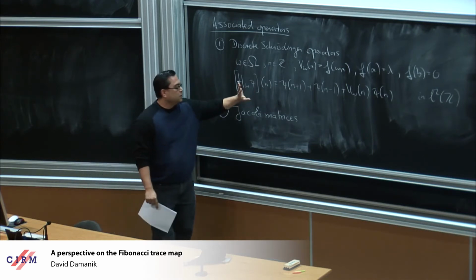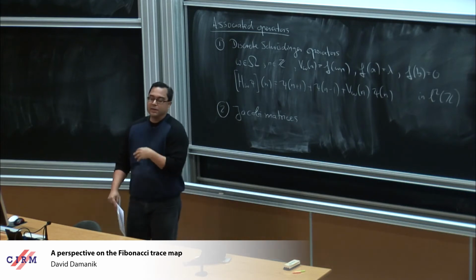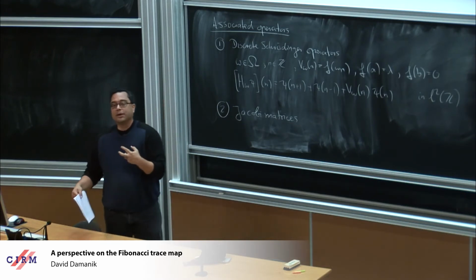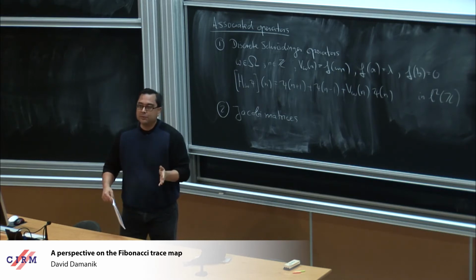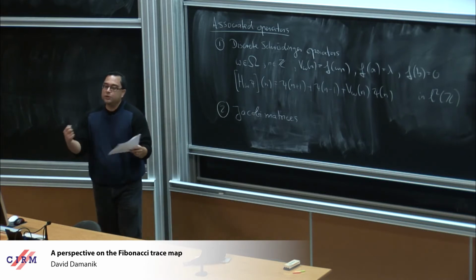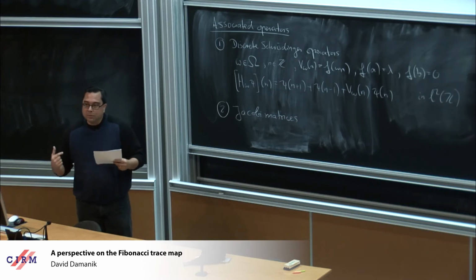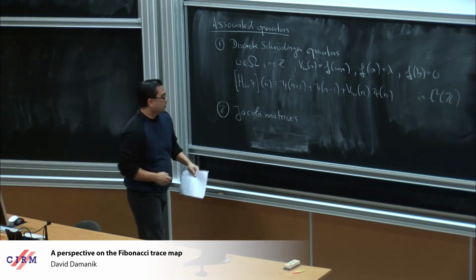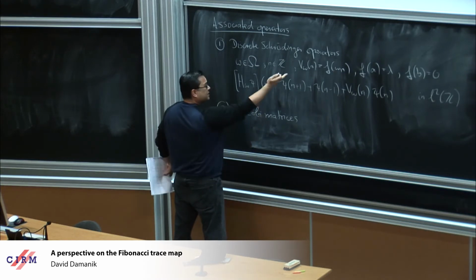So if you start with operators of this form and study their spectral properties, and at some point decide to invert the whole thing, start with spectral information and ask which operators they come from, you're naturally led to this generalization. It's actually not well understood which spectral information leads you back to discrete Schrödinger operators. You will always go back to Jacobi matrices, which are a bigger class. Okay, so it's basically the same thing.